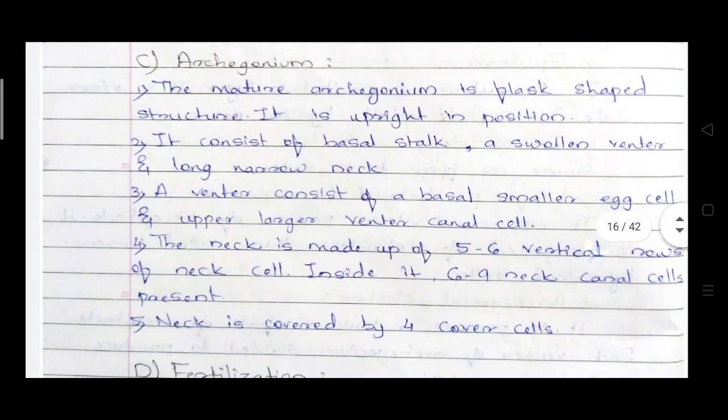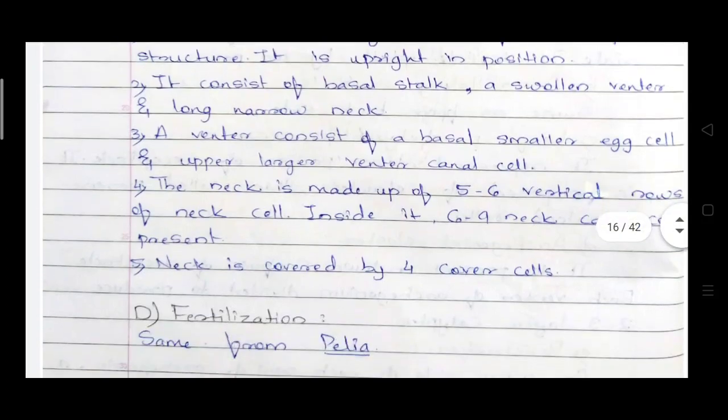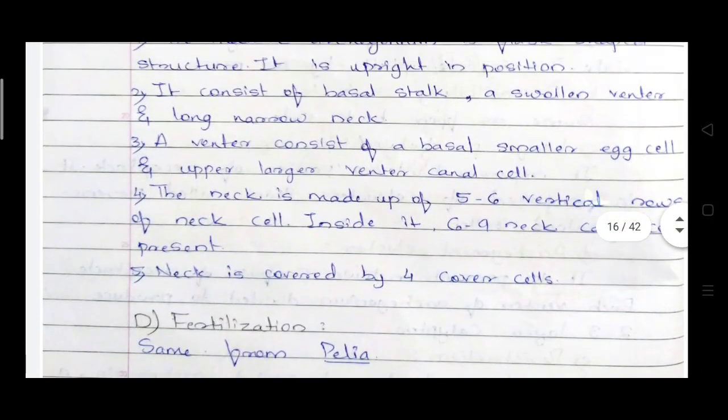The archegonium is upright in position and flask-shaped. It contains the basal stalk, venter and a long neck. There are 5 to 6 vertical rows of neck cells and neck canal cells, with 4 cover cells. So this is all about the Archegoniophore. Next, we will discuss in detail the fertilization of Marchantia.